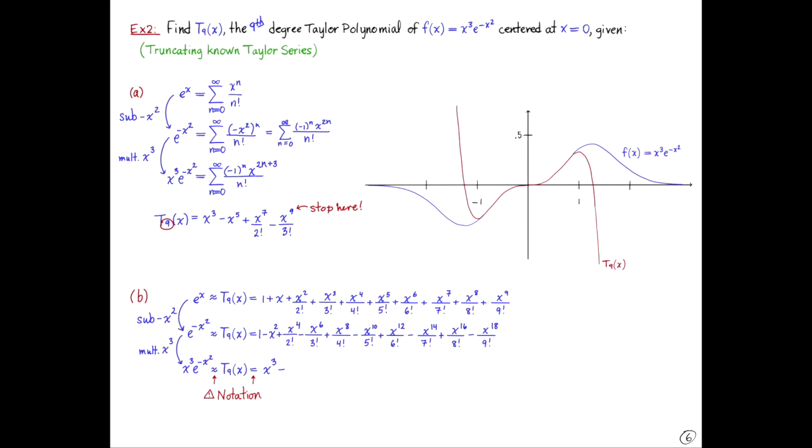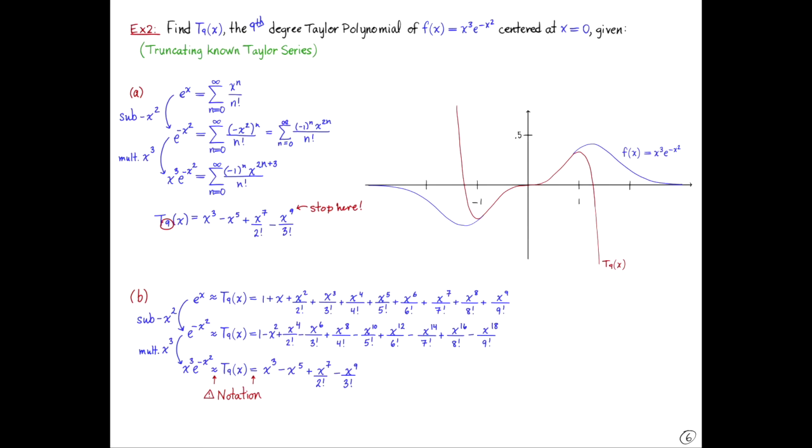We add the exponents, that becomes x to the 5th. Plus x to the 4th times x cubed gives us x to the 7th, and that's over 2 factorial. Minus, multiplying x to the 6th over 3 factorial through by x cubed gives us x to the 9th over 3 factorial.